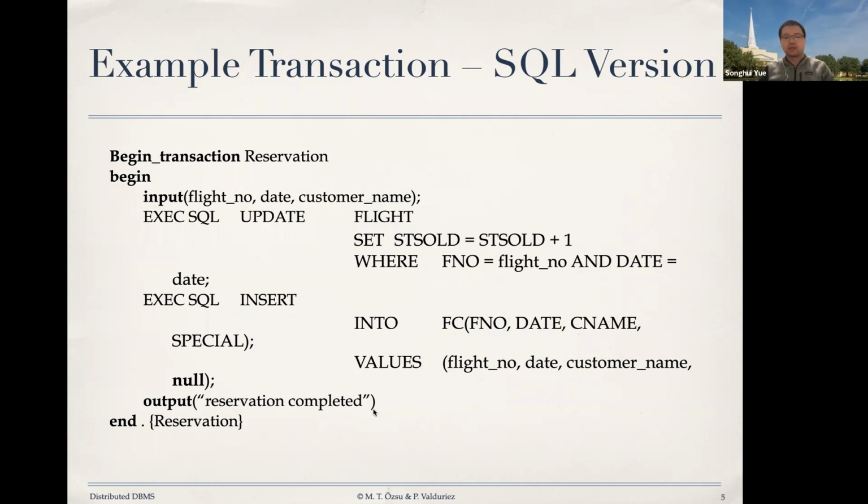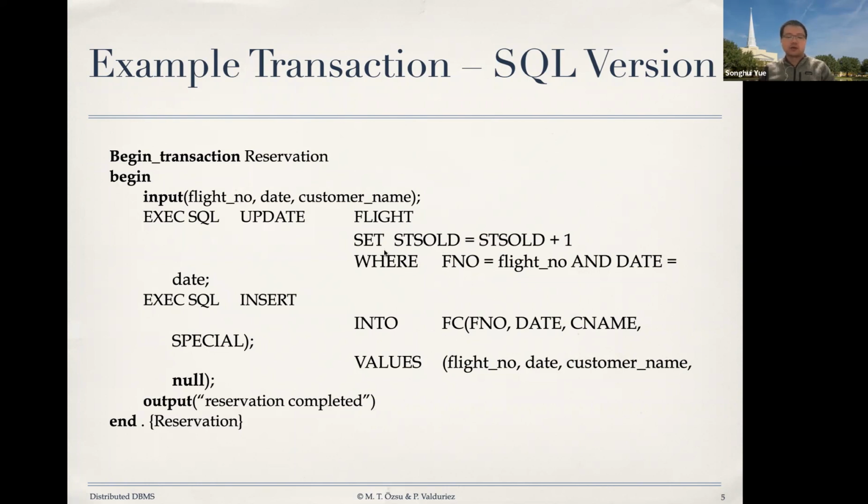And it should be completed, like it's easy for us to understand that those two operations should be completed at the same time, at the same execution simultaneously. It's because we have updated the seat sold plus 1, and also we have inserted into the table.